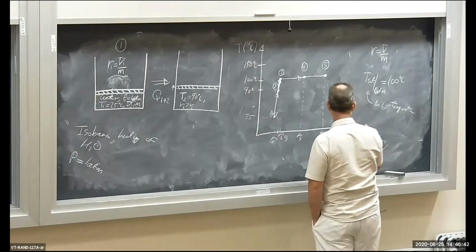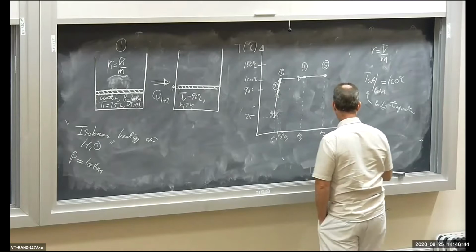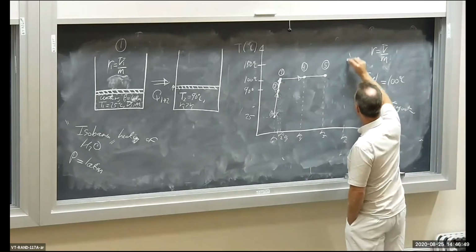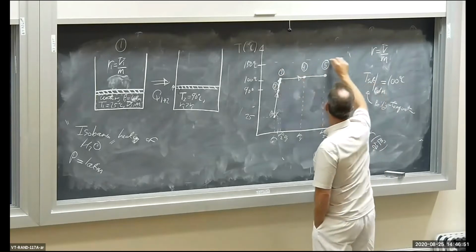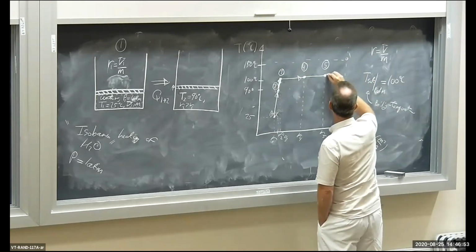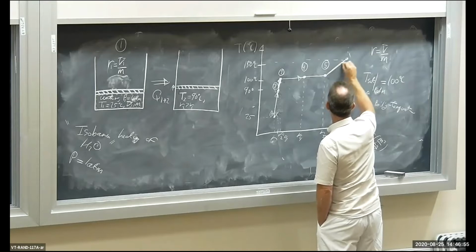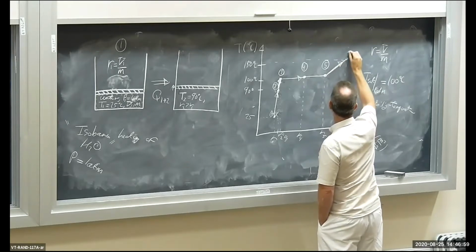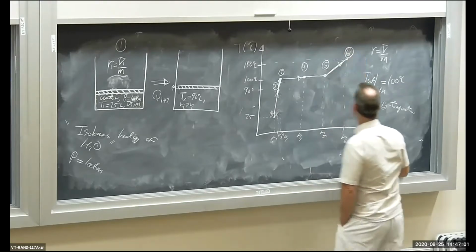And specific volume has now gone up. So specific volume at state 6. Okay? So there is the path from state 5 to state 6. Okay?